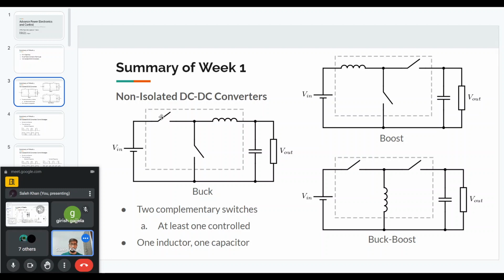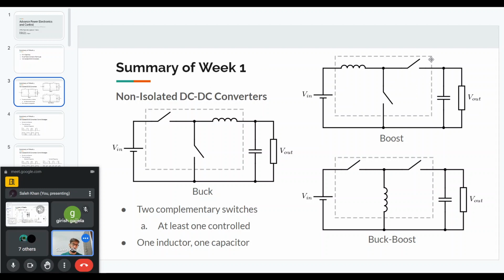So if we turn on the top switch, the bottom switch must be off, and similarly, if the bottom switch is on, the top one must be off. But it is possible that both of them can be off. That is what happens in discontinuous conduction mode. But both of them cannot be on at the same time, and that is the case for all three of these converters.